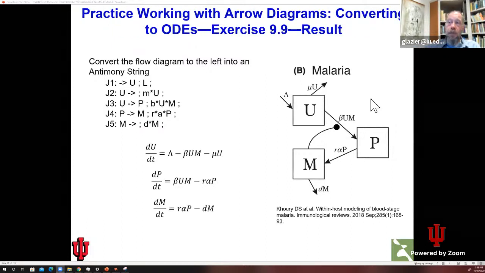Okay, so we have three equations as promised. dU/dt equals lambda from here, minus mu U from here, minus beta UM from here. There's a balance term.